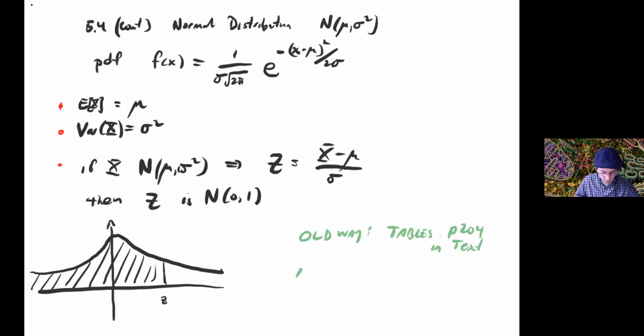And the relatively newer way, which is probably not more than 20 years old, is to use an online calculator. And maybe some of your own personal calculators will do the calculation for you. I believe they do. Okay, so let me get to that.